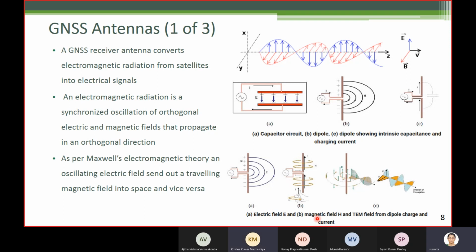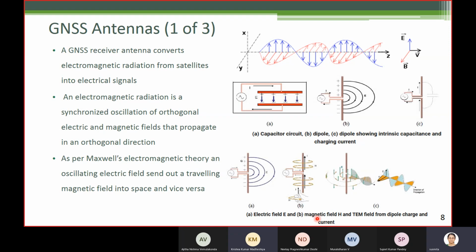Excuse me, ma'am. Yes. Ma'am, we have both electric field and magnetic field. These two are combined with the antenna. So my question is how the signal emits from the antenna and goes to the receiver.